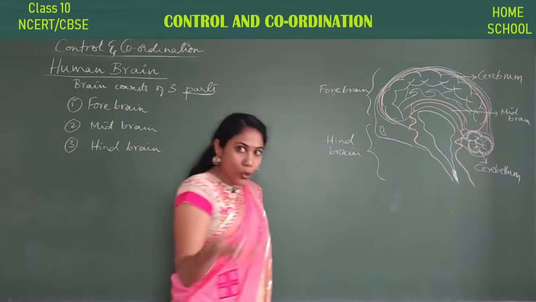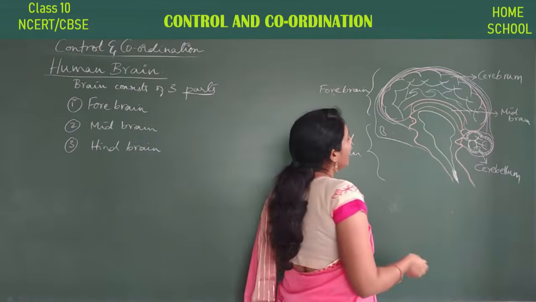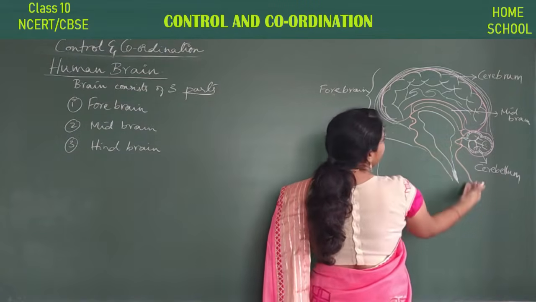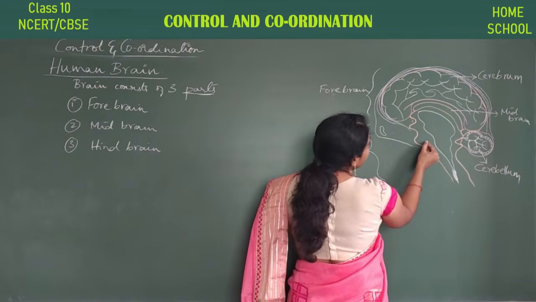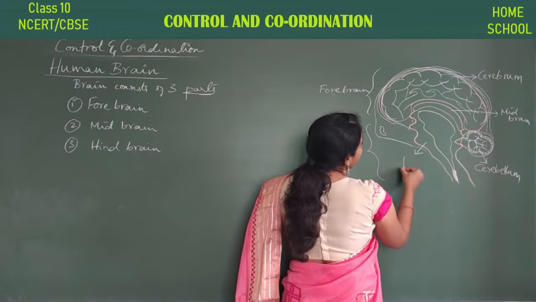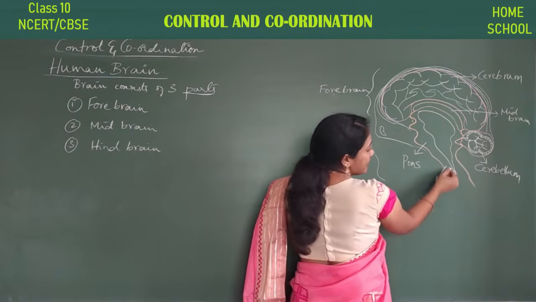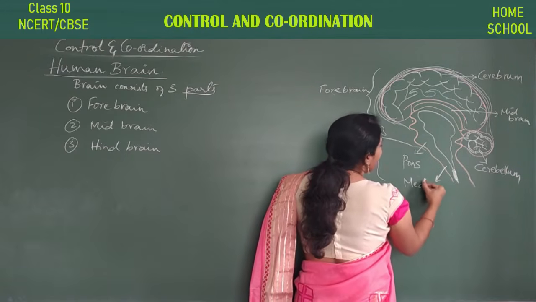Okay, lower end of the brain, actually, hindbrain. Okay, so and now this is a midbrain, and now the entire thing is called hindbrain. Okay, so in this, you know, this area is called pons, and this area, the stem region, is called medulla oblongata.